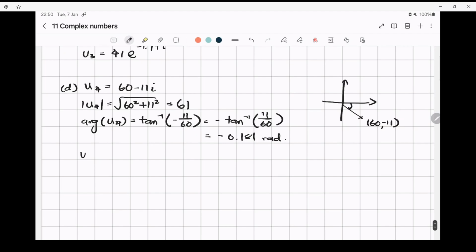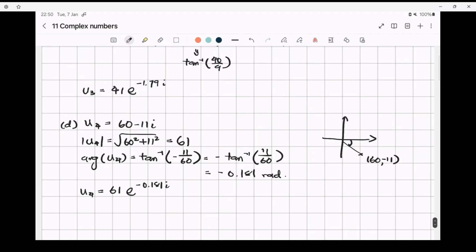So then your U4 can be written as 61 e to the minus 0.181i. Okay, so that's how we find the polar form, or the modulus and the arguments, by drawing the diagram and so on.